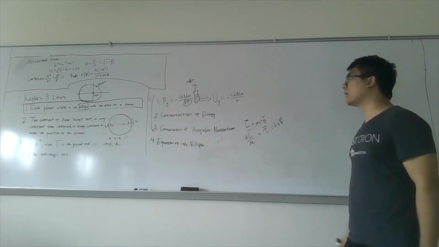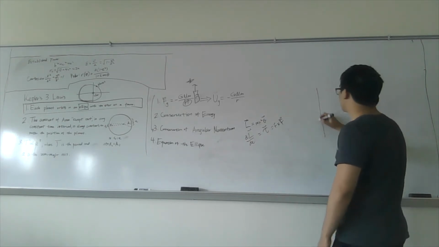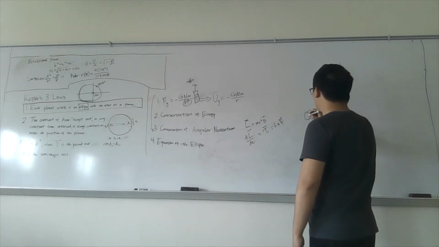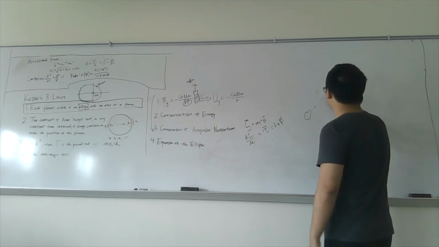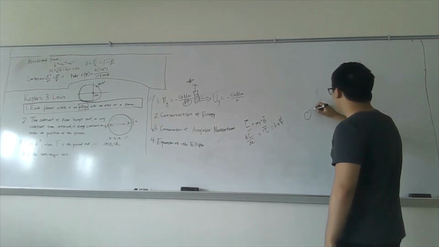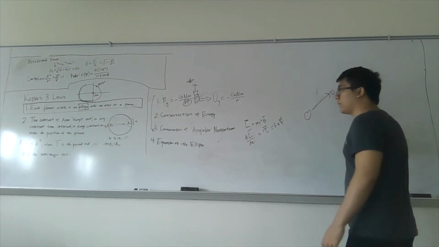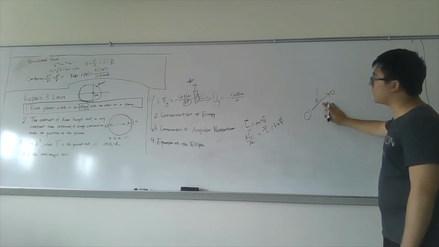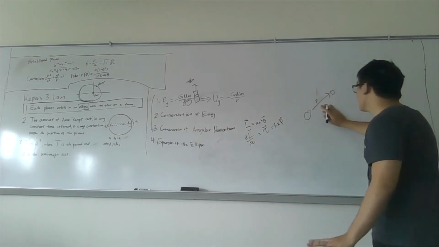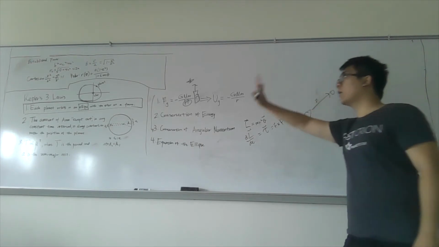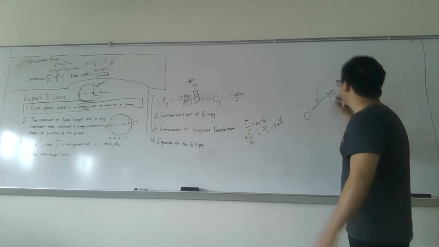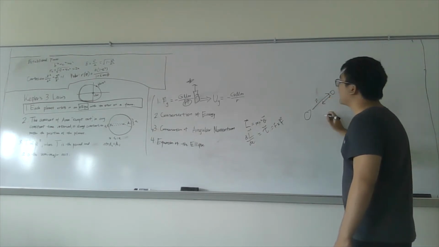So what would be torque in this case? Let's just draw it. This is the sun. Hello, sun. How are you doing today, sun? Thank you for giving us life. Here's our planet. This is going to be our radius vector, our position vector, and our force vector is going to look like this.